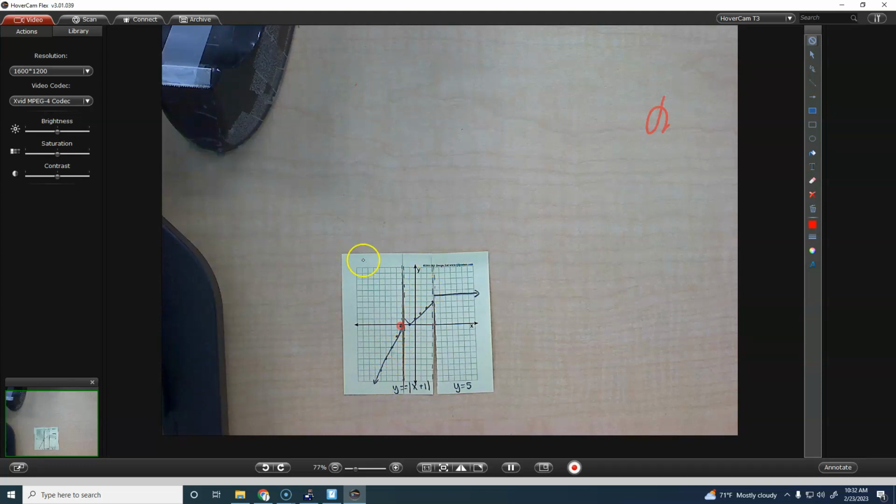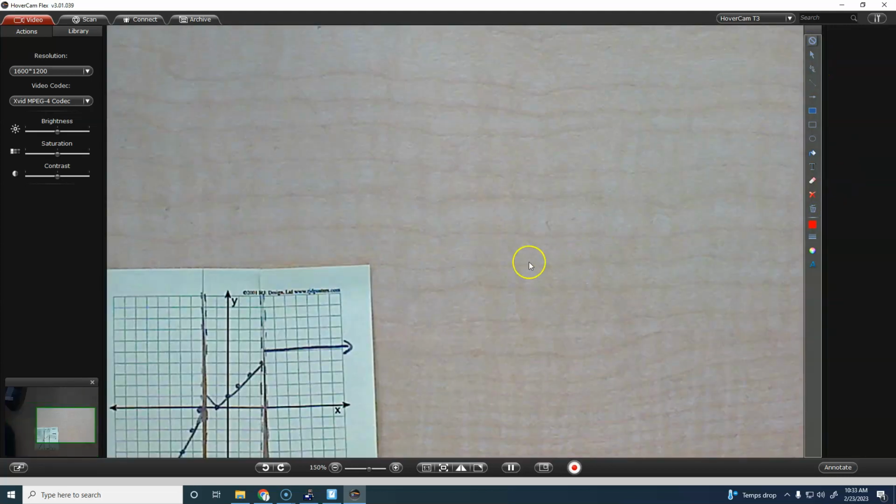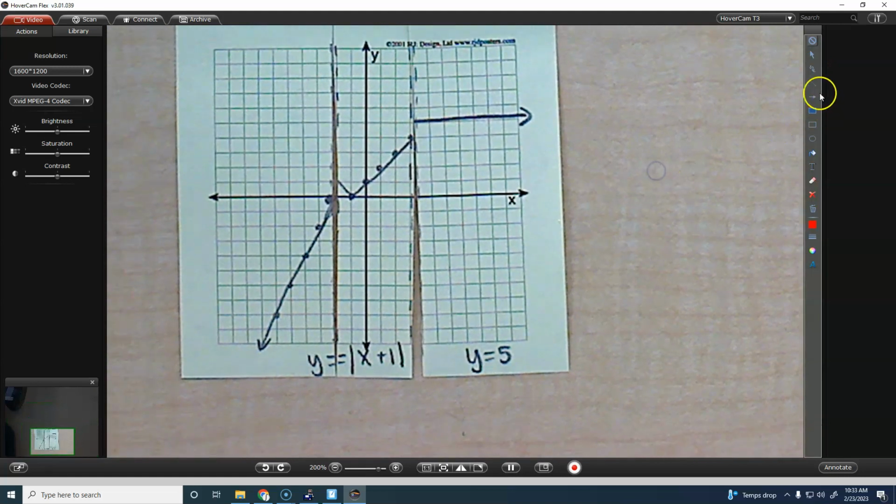My red circle's kind of open, so let's see. No, that's not helpful. Let me just get rid of my... Maybe if I zoom, I bet that'll help. Oh yeah, there we go.